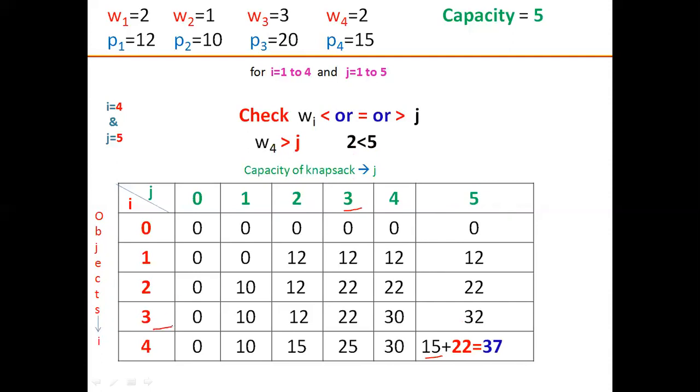Previous row is 3. 3 comma 3. Third row, third column is 22. 15. Here I got plus 22. 15 plus 22 is 37. Compare with the previous row. If I compare that with the previous row, I got 37 is the maximum profit compared to previous.